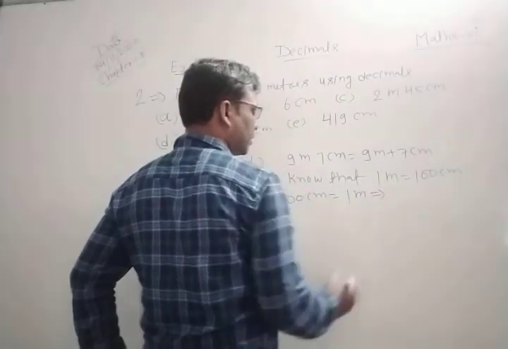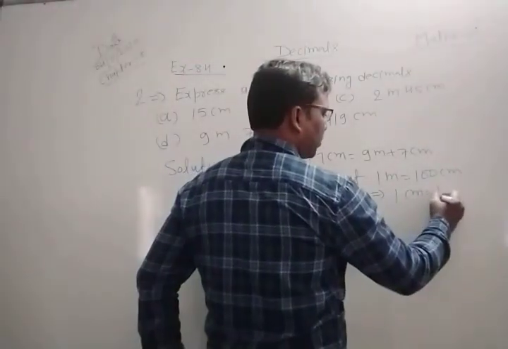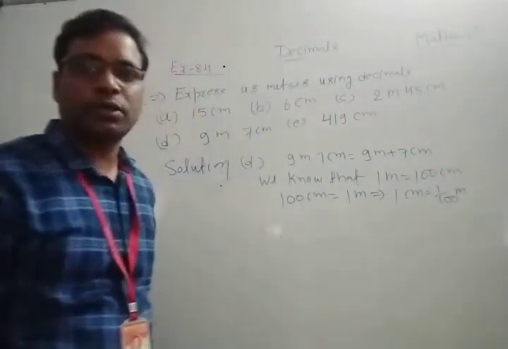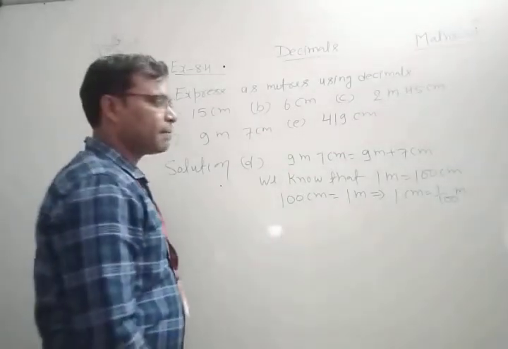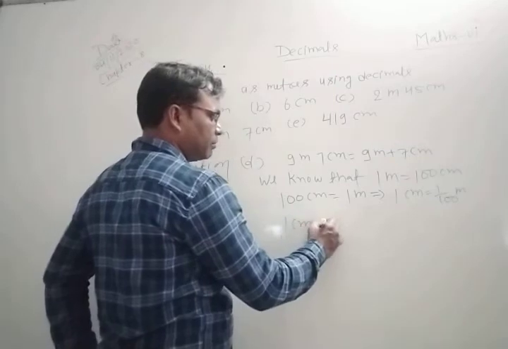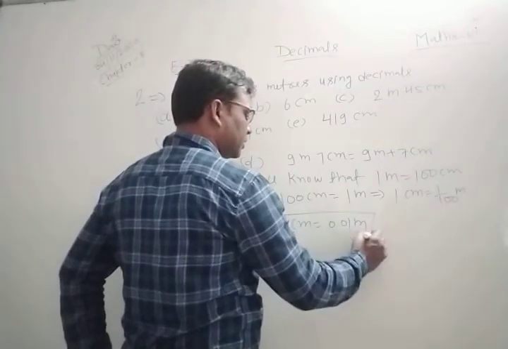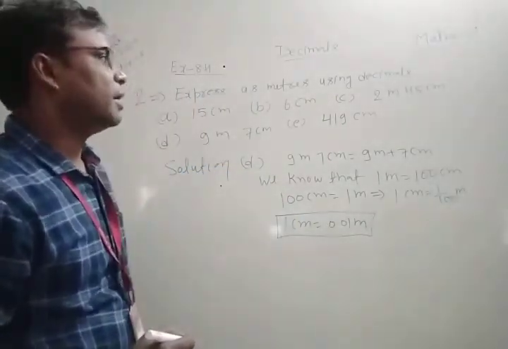Also we can say 1 centimeter is equal to 1 by 100 meter. Then 1 centimeter becomes 0.01 meters. Okay, this is the relation between centimeter and meter in the presence of decimal.